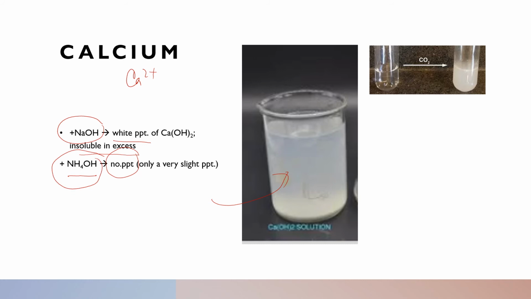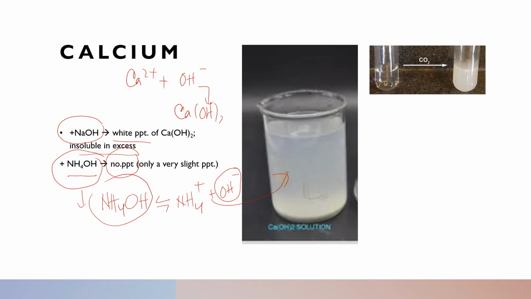Because ammonium hydroxide is a weak base which decomposes slightly into NH4+ and OH- ion. So the OH- ion from ammonium hydroxide is not enough to form Ca(OH)2 solid.